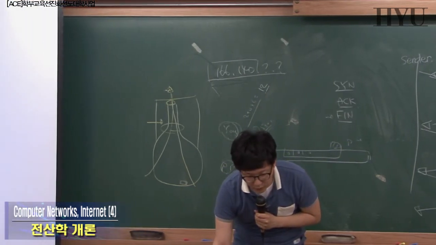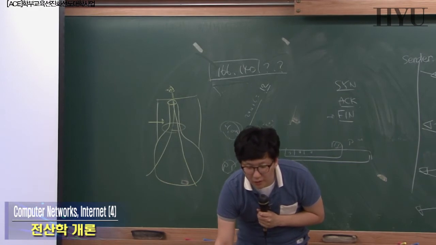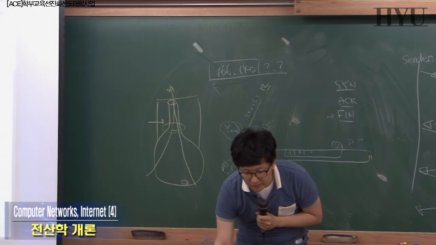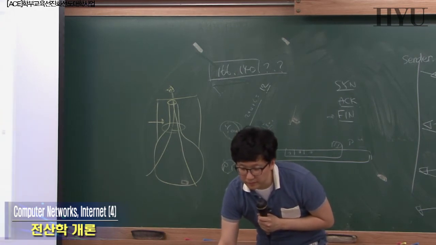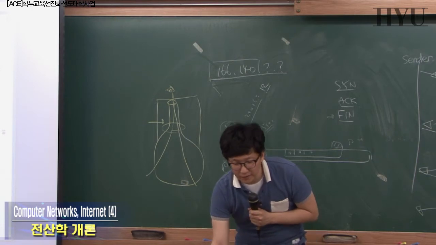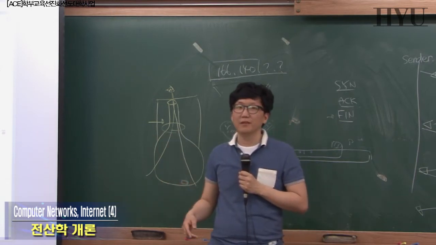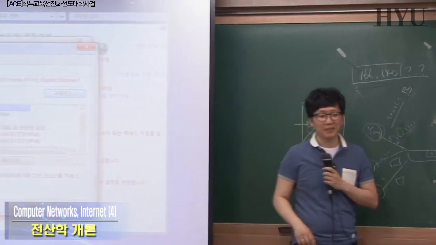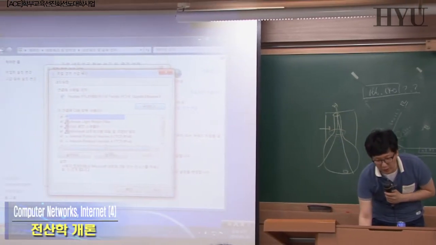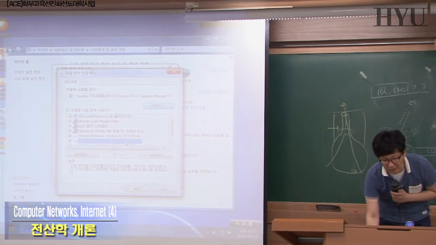I forgot again how to get in. Here it is. Do you usually see this menu? Does anybody configure this menu every single day? Probably not, right? Anyway, this is one of the ways you can take a look at your IP address.